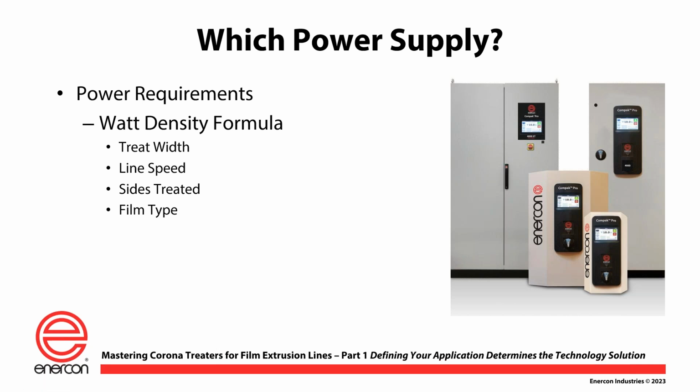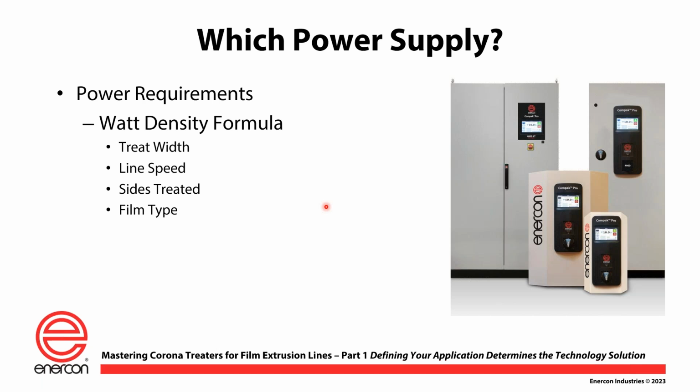Really, what we need from you is we need to know how fast and how wide and how many sides. And once we understand that, that will then drive us to put these details into a watt density formula, which will then help drive the power requirement. It all comes down to this. And once I know the details and I can calculate all this out, then I can choose the correct power supply in kilowatts, and then everything else comes from there.